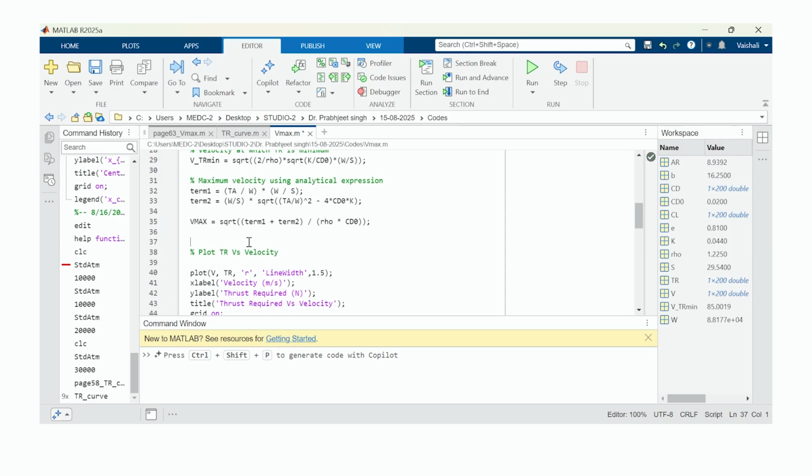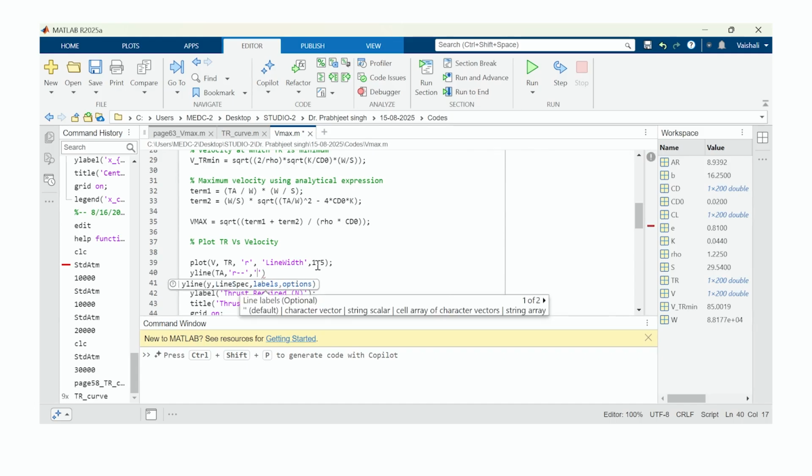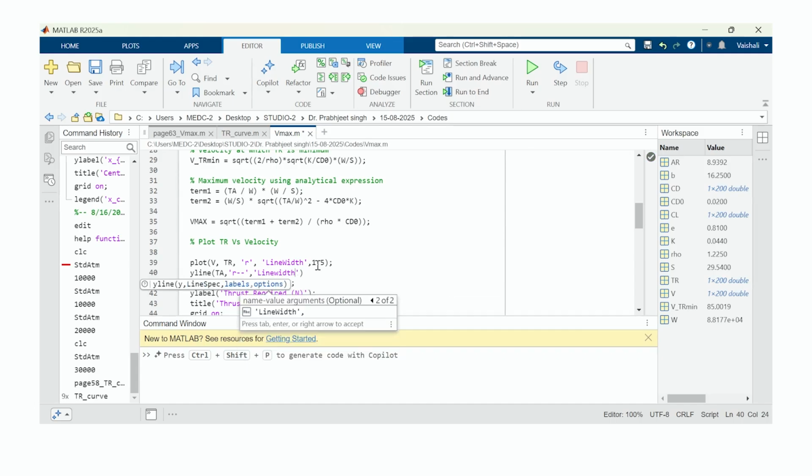Now in the plot we'll also be plotting thrust available. We can directly modify this plot here. After plot V comma TR, let me write here yline, so it will be plotting thrust available TA, comma, red color, dotted line, and line width of 2.